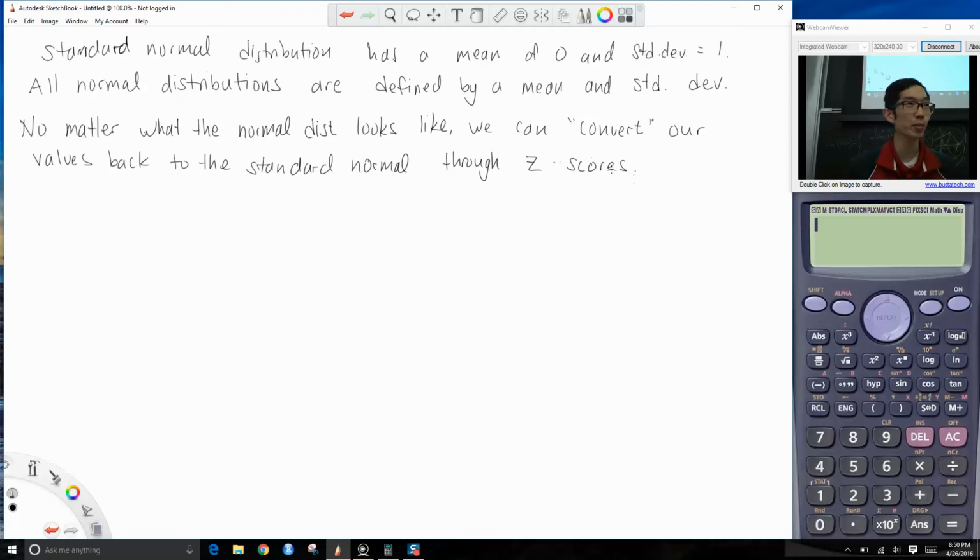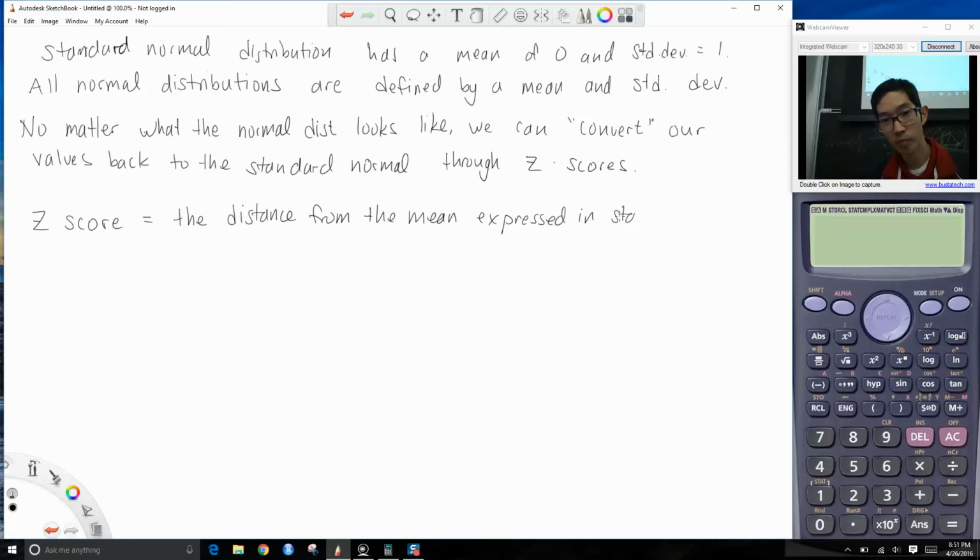Do you guys remember what a z-score was? Okay, what is a z-score? So it's the distance from the mean expressed in standard deviations. Or in other words, how many standard deviations we are from the mean, okay?